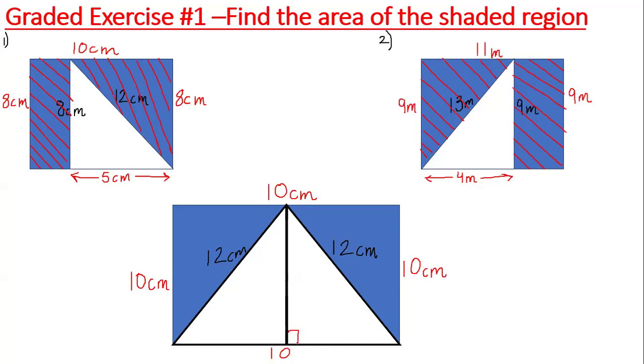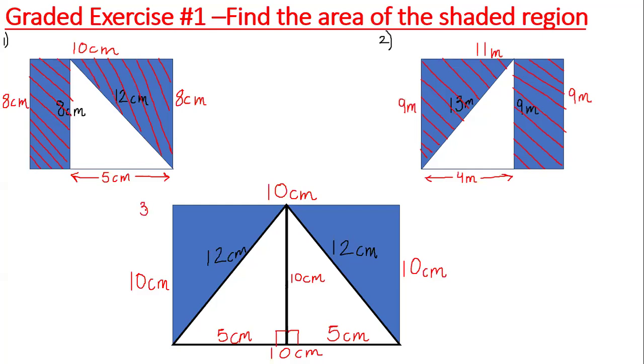This is, by the way, right angle triangles, 10 centimeters. This is 5 centimeters. This is 5 centimeters. And this is 10 centimeters. All right, so yeah, so this is number 3.